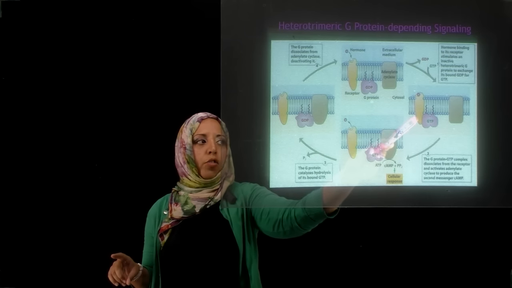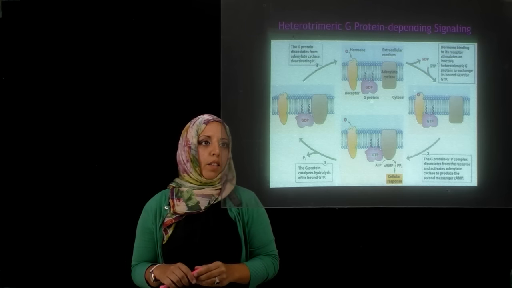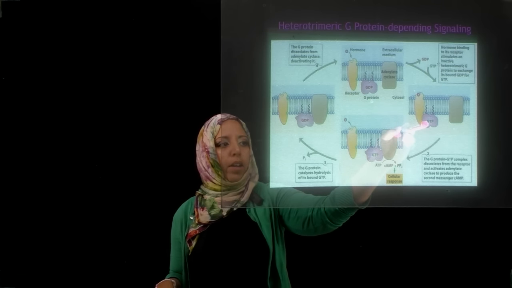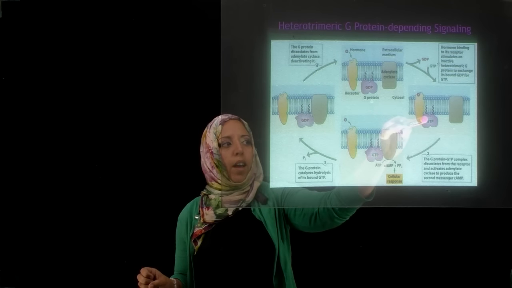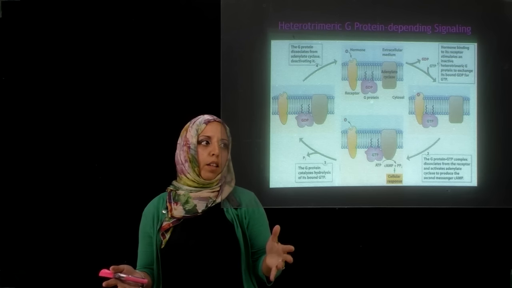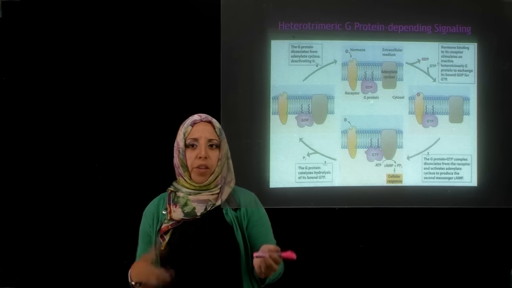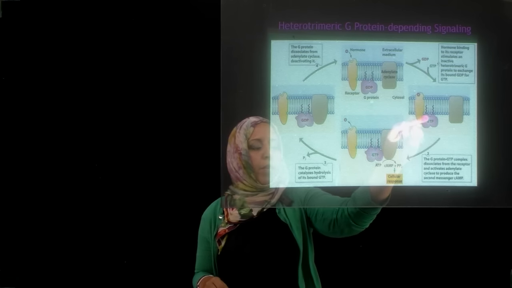So now this G protein becomes active. And notice those G proteins are anchored to the membrane, typically through a specific palmitoyl residue that is linked to a cysteine within the protein.